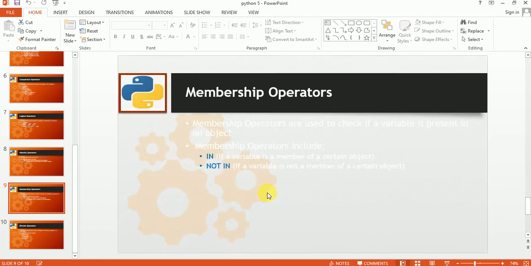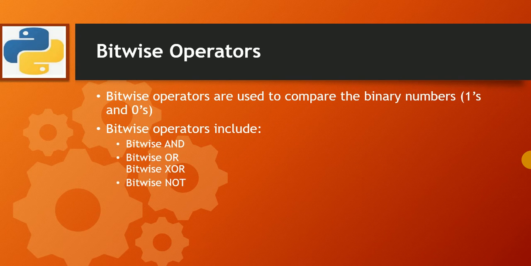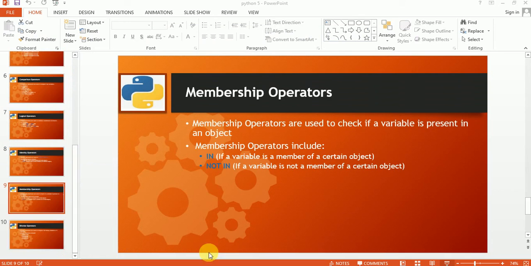Now finally we have bitwise operators. Bitwise operators are used to compare binary numbers. The bitwise operations are basically AND, OR, XOR and NOT. Let me clarify this statement.